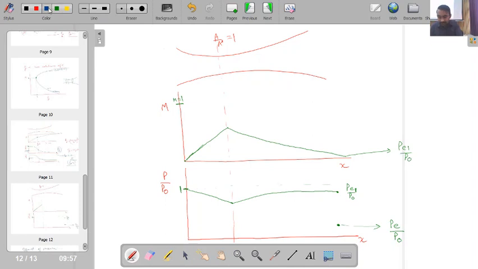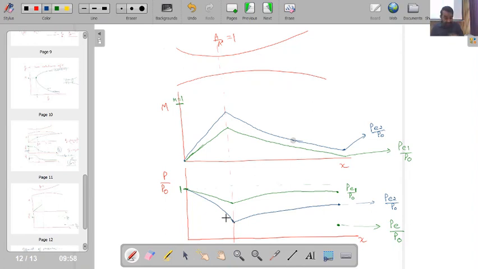Now if I take another value, say PE2 by P0, what will happen? I will start at this point, but now I have a slightly larger pressure drop. So for a slightly larger pressure drop, my Mach number point will be slightly shifting up. This is corresponding to PE2 by P0, and here I will be having a larger pressure drop, and once again the regain up to this point.